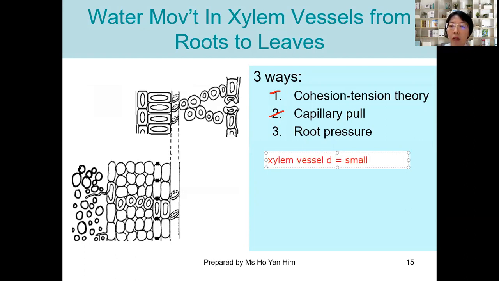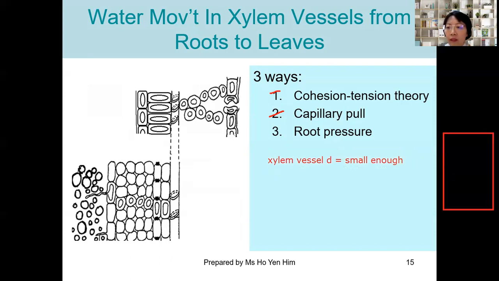So the xylem vessel must be small enough. Let's say it's a water column. It is small enough so that the water molecules at the side, when they form hydrogen bond with the wall, are also able to pull and support those cells found in the center of the water column.